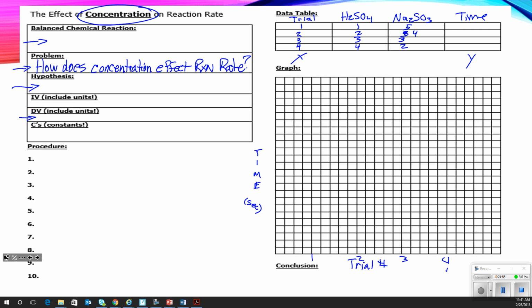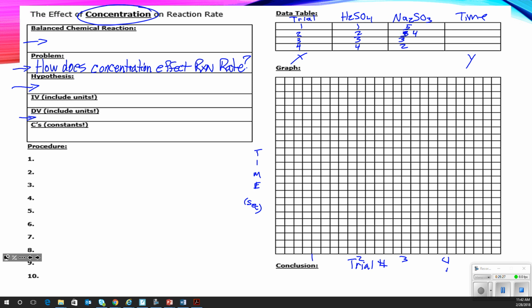You need a petri dish. You need universal indicator, sodium sulfite, and sulfuric acid. If you're using the well plate, you need the well plate, magnesium, hydrochloric acid, and water. That's it.